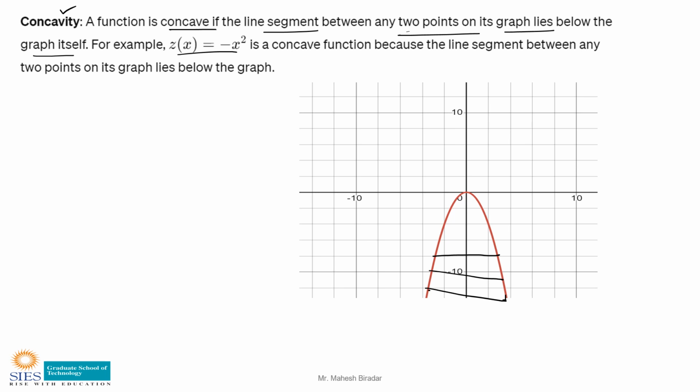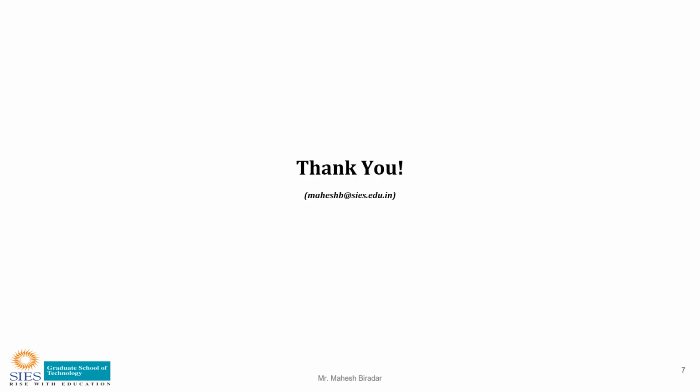So we can say that this is the concavity concept. So in this way, we have seen some important concepts of NLPP: objective function, gradient, concavity and convexity. Thank you.